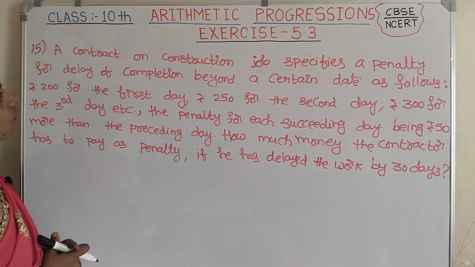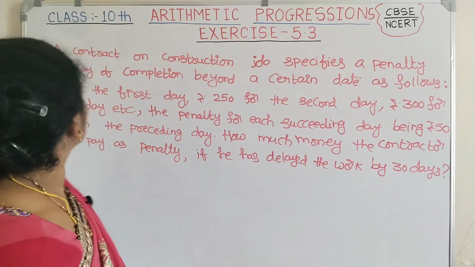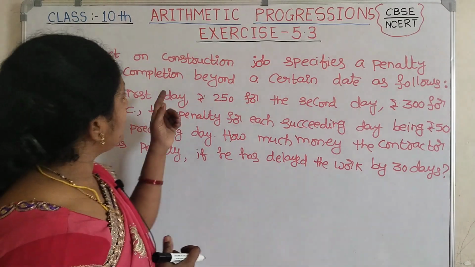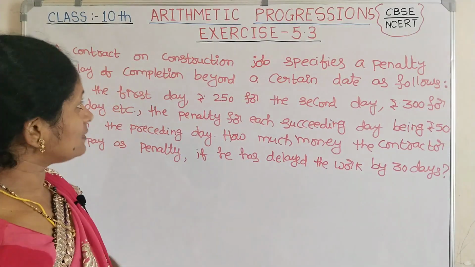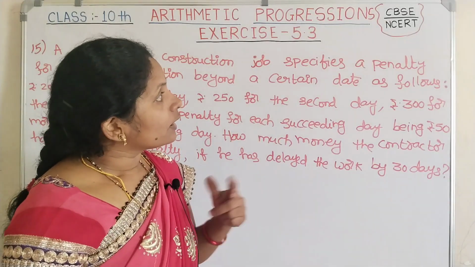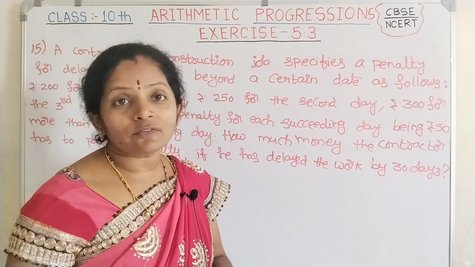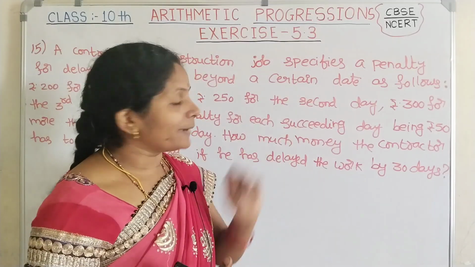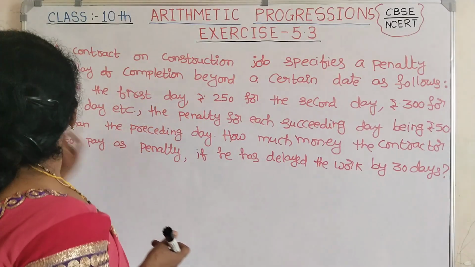A contract on construction job specifies a penalty for delay of completion beyond a certain date as follows. Means here the deadline will be given to them. If they are unable to complete that work, they have to pay the penalty. How much is the penalty? It is as follows.